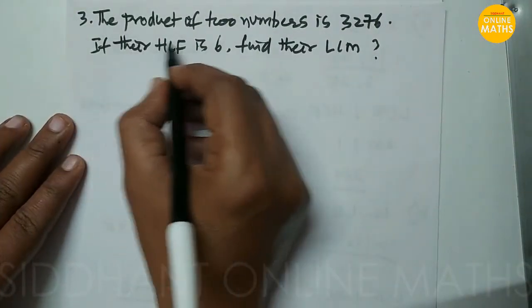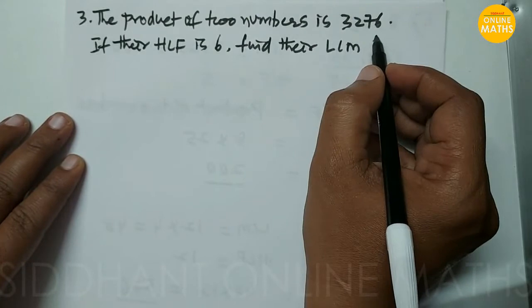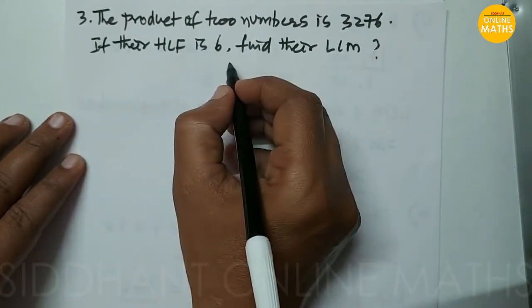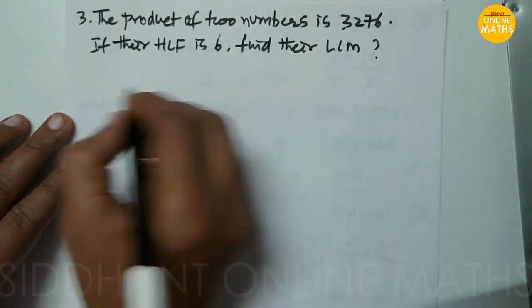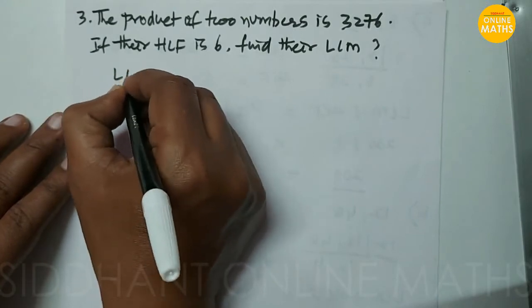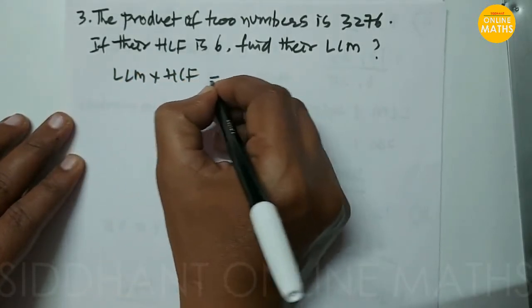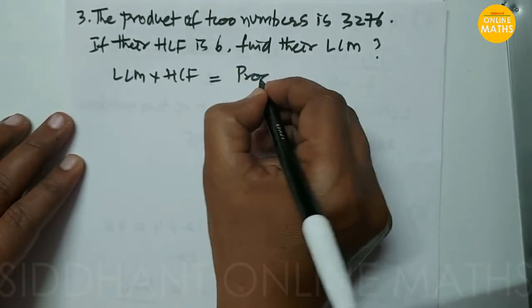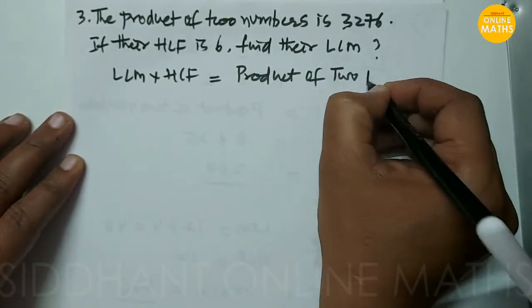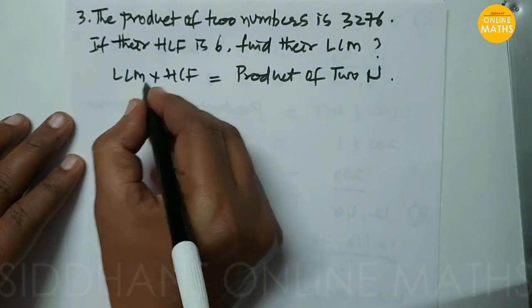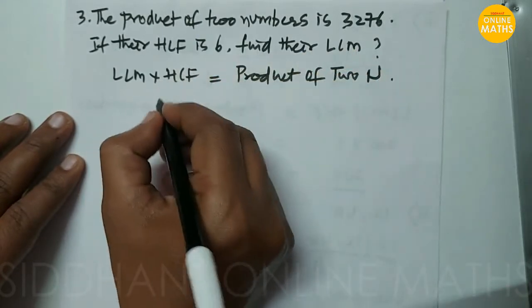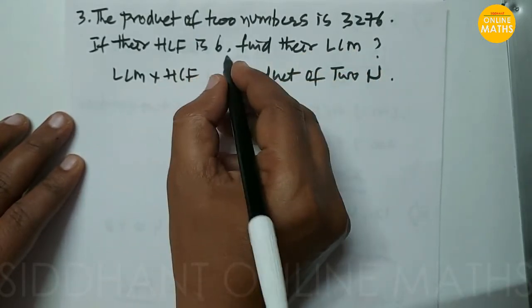Third question. The product of two numbers is 3276. If their HCF is 6, find their LCM. We know that LCM into HCF is equal to the product of two numbers. In the question they have given the HCF, that is 6.